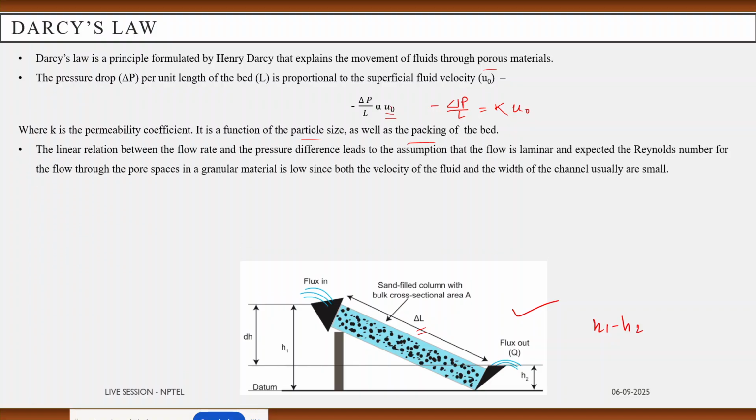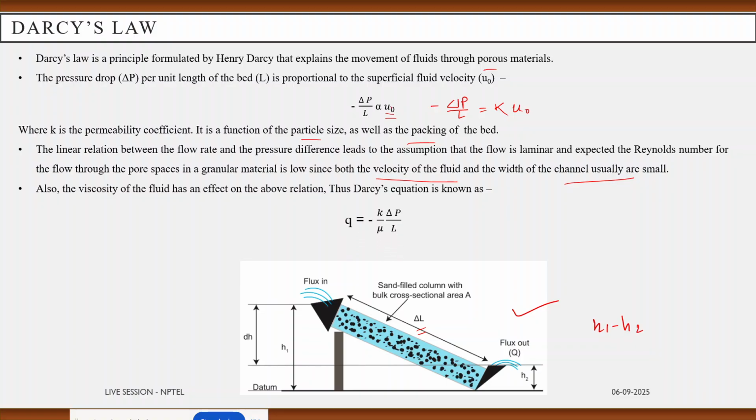Now there is a linear relation between the flow rate and the pressure difference, which leads to the assumption that the flow is laminar, and it is expected that the Reynolds number for the flow through the pore spaces in a granular medium is low, since both the velocity of the fluid and the width of the channel are usually very small. So with this assumption, Darcy's law equation evolved, and they have also considered the effect of viscosity of the fluid.